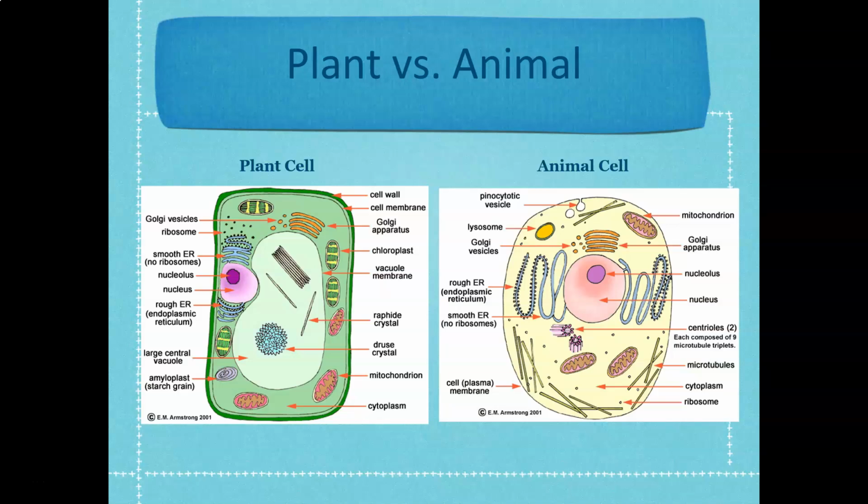So if I look at just some diagrams here, again, these are just one of many types of diagrams you may see of an animal cell and a plant cell, but it gives you a pretty good consistent idea. You will notice in both pictures there are a handful of things here that you aren't responsible for, especially in that plant cell. Things like these Druze crystals you don't need to know. Amyloplasts, we haven't talked about those.